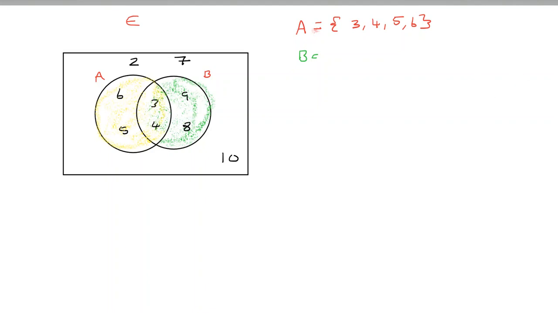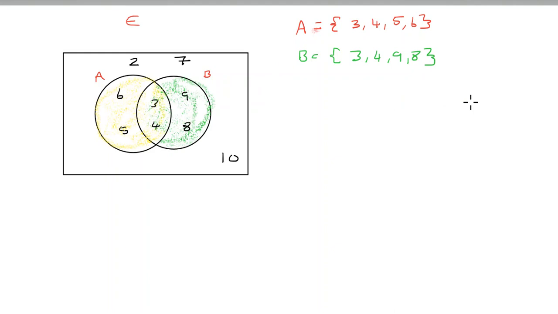So B then is going to be the elements 3, 4, 9, and 8. So we've listed all the elements here: 3, 4, 9, and 8.